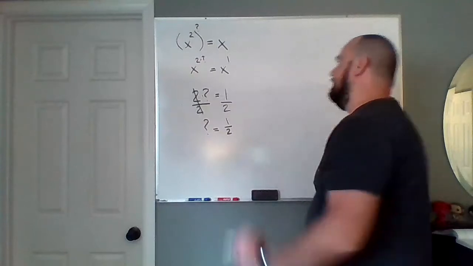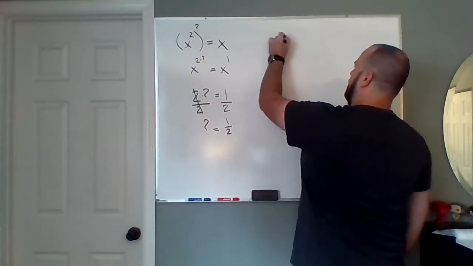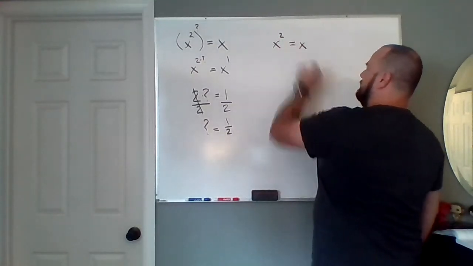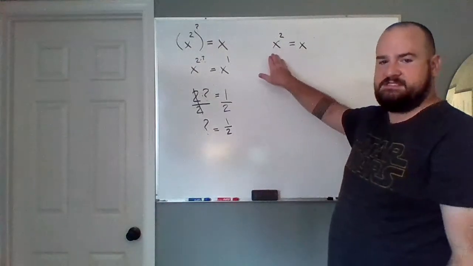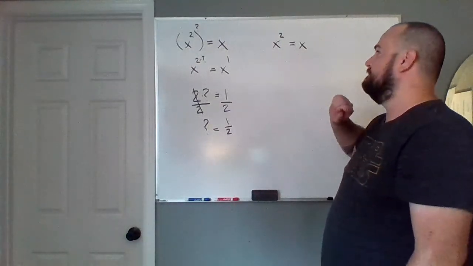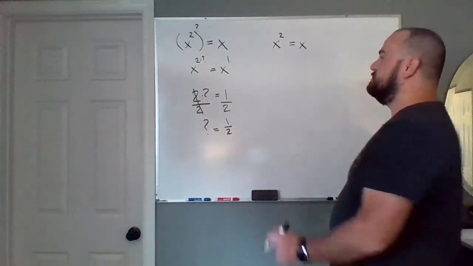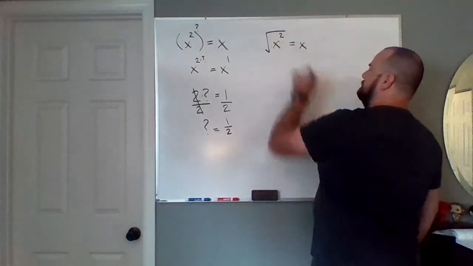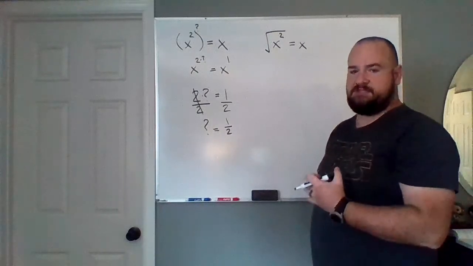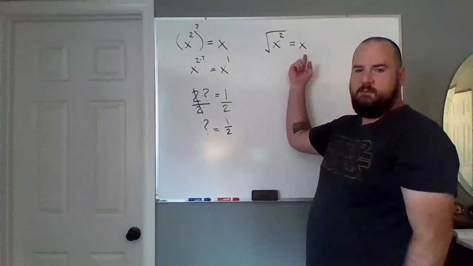What's another way I could take x squared and make it equal x? What could I do to this side to make that equal x? Give me a second to think. That's right, square roots. If I take the square root of x squared, that equals x.